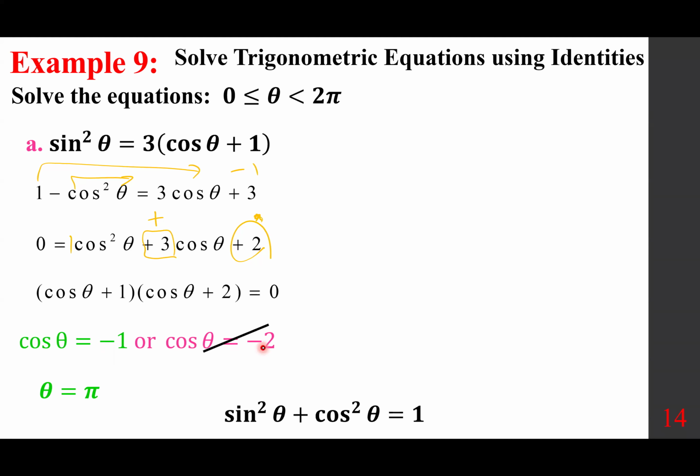Cosine theta can't be negative 2, can't be a number less than negative 1 or larger than 1. In other words, sine and cosine, the same thing. So cosine is between negative and positive 1. We want to make sure that we understand that.